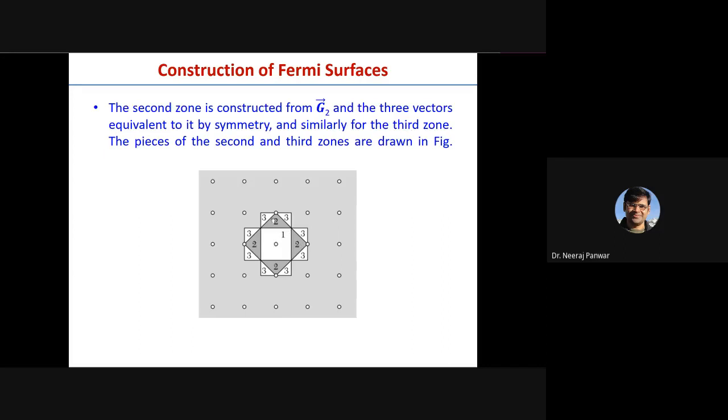So all these four sections of the second Brillouin zone will completely occupy the first Brillouin zone, as the area of the first Brillouin zone is equal to that of the second Brillouin zone. Similarly, if we translate the sections of the third Brillouin zone, this section would come here and this section would come here. When we translate all the remaining sections, they would completely fill the area enclosed by the first Brillouin zone.